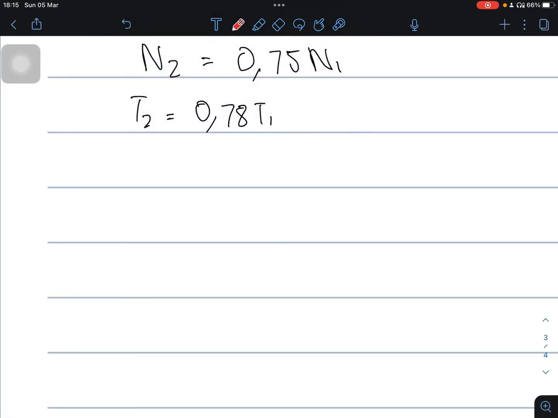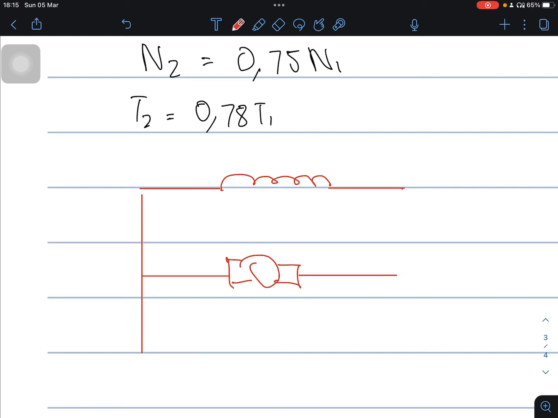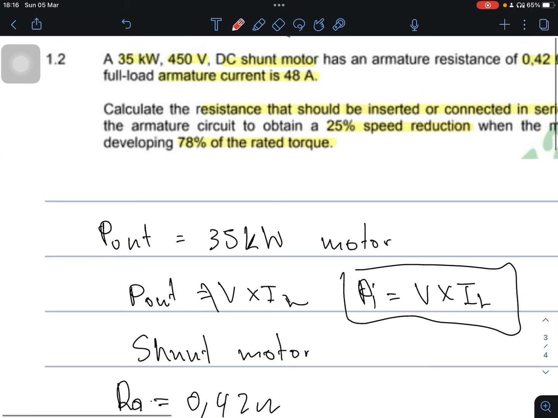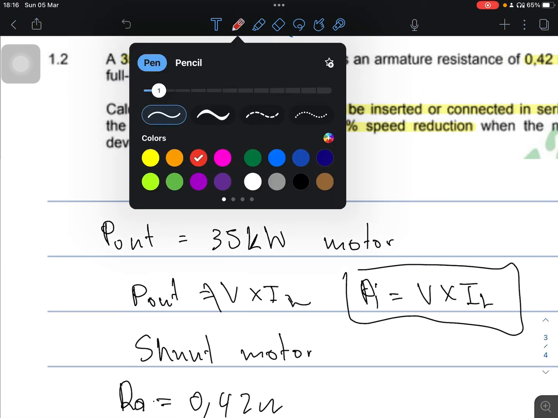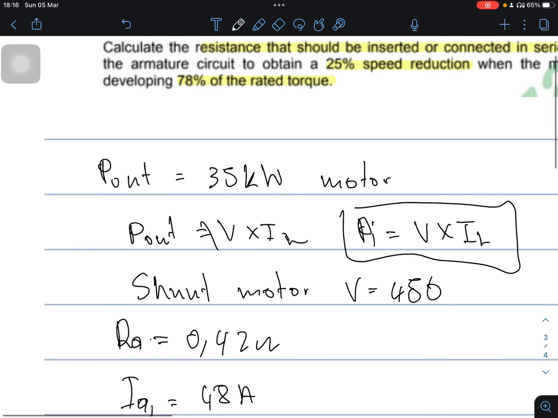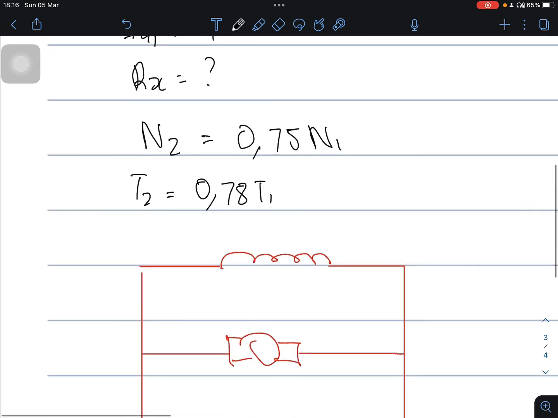Okay, let us draw the two circuits. With the first condition, we have something like this. It's a shunt motor, with a supply voltage of 450 volts.